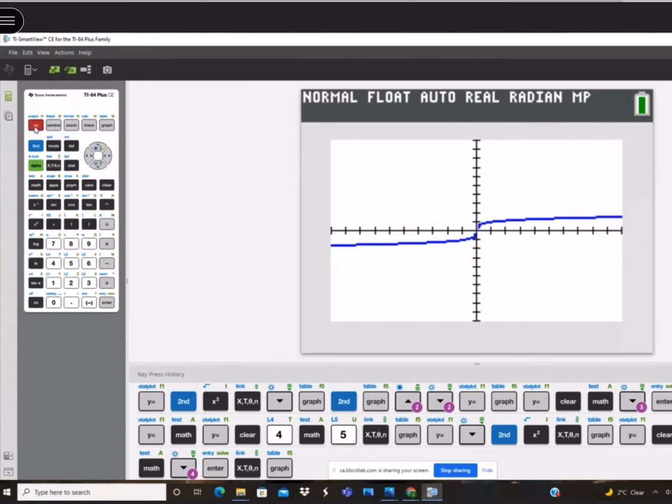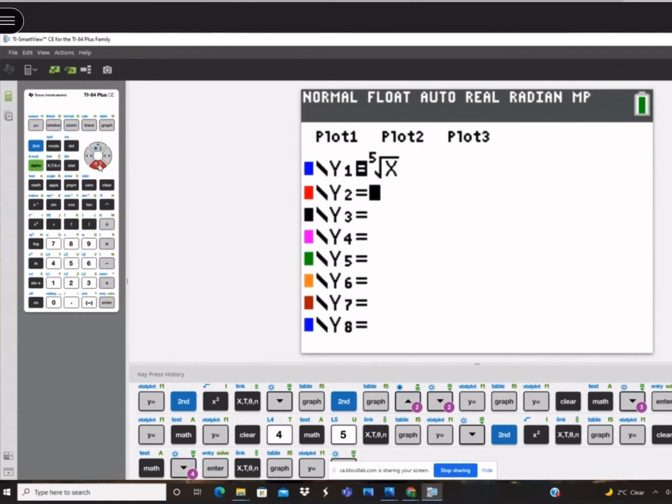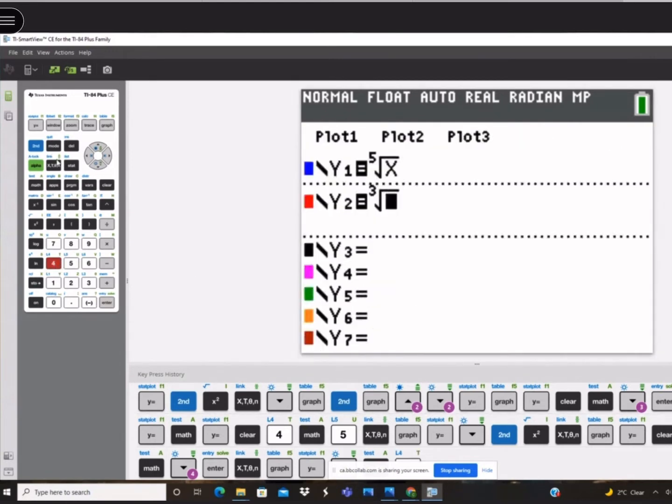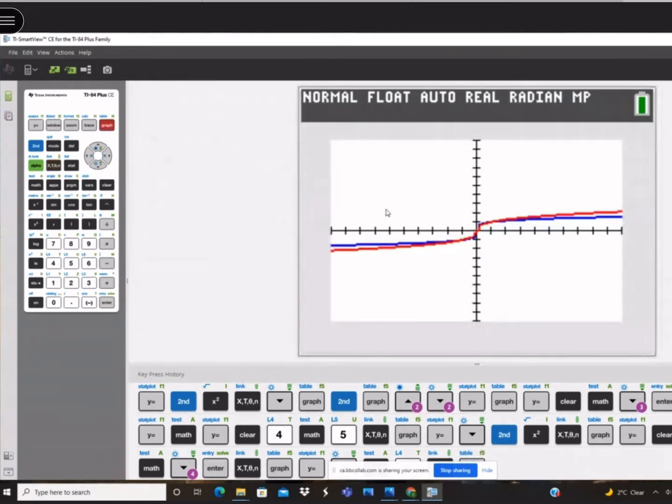Now, if we were to graph the cubed root of x at the same time, just to compare them, it's probably a good idea for us to do so. So if we hit math and option 4 for cubed root, and we graph the cube root of x, be mindful that will be the red graph that appears on your screen. We can see that once again, that red graph is reaching higher. It's not as flat as the fifth root of x.